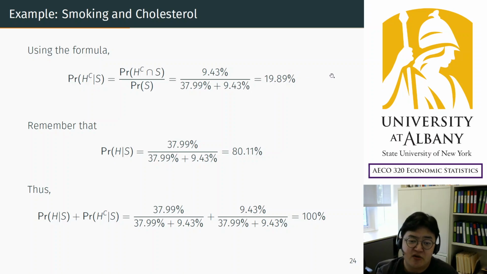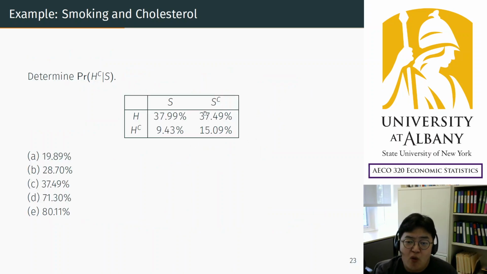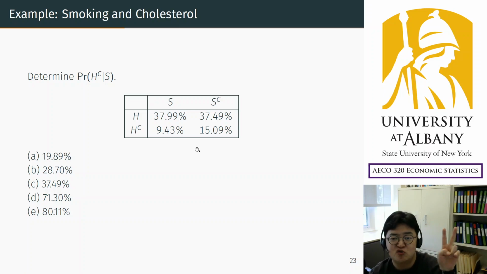What I want to say here is, it must be clear to you now. Once you delete the second column, there are only two possible outcomes: whether you have high cholesterol or not. After deleting non-smokers, you have only smokers. Then there are only two types. That means among smokers, a certain probability of people have high cholesterol, and exactly the remainder does not have high cholesterol.